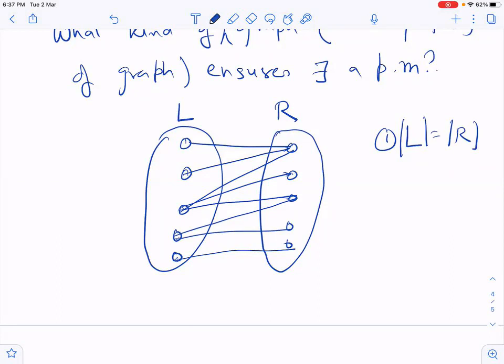So degree of node should be even. Why? I think in that case we can have a perfect matching, if you have degree of node to be even.